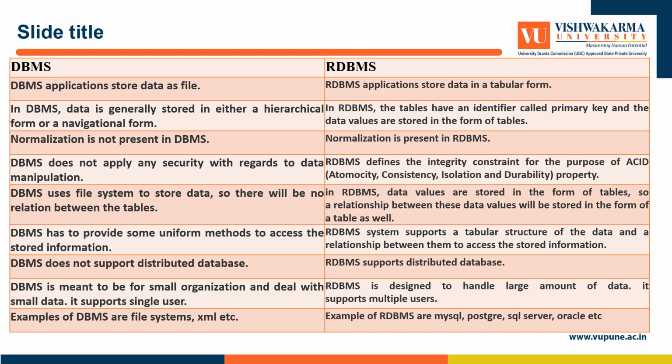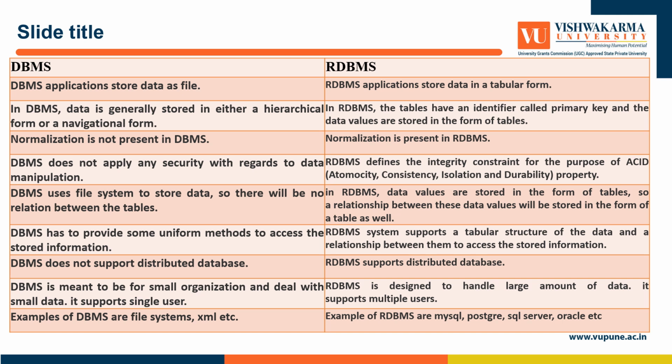DBMS uses a file system to store data, and RDBMS stores the data in the form of tables. In DBMS there is no relation between the tables, and vice versa, there is a relation between the data values stored in the form of tables in RDBMS.